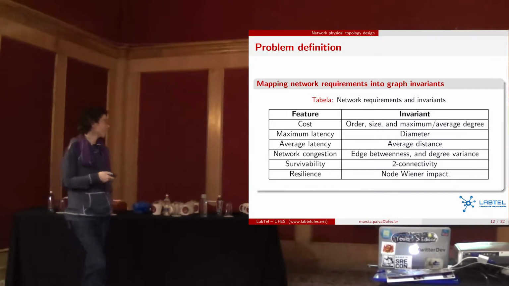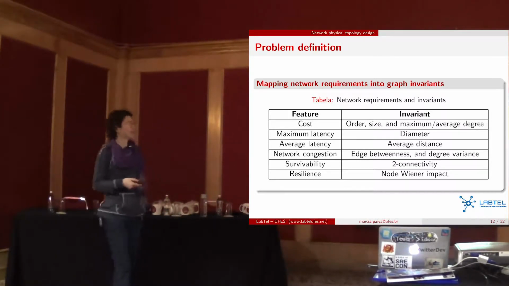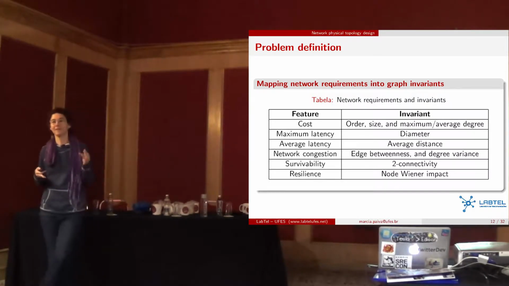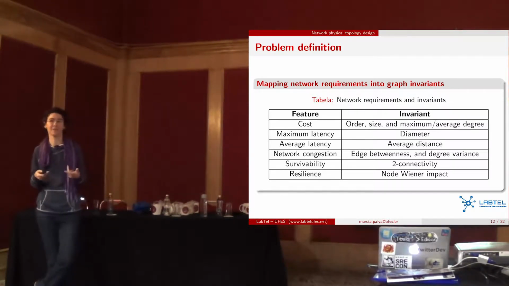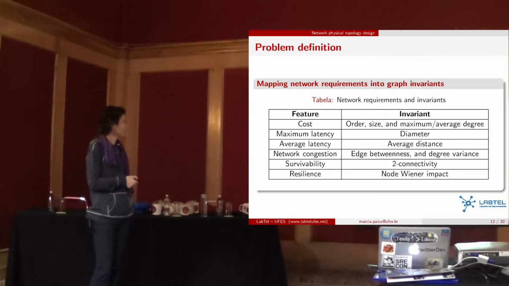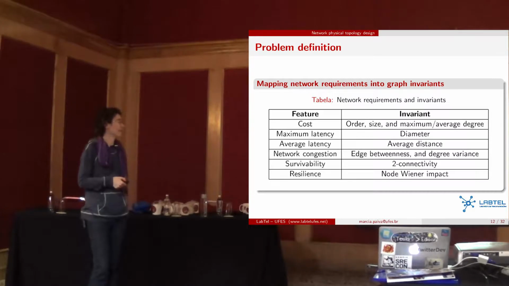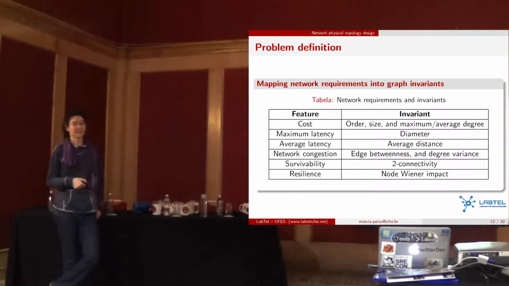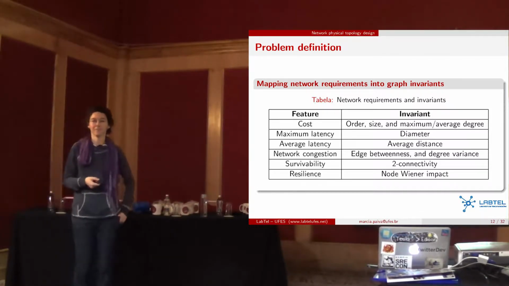In order to do that, we have to map the network requirements into graph invariants. For instance, the cost of the network can be represented by the size, that is the number of links, and also the maximum degree and the average degree.